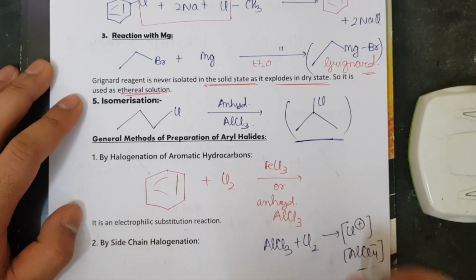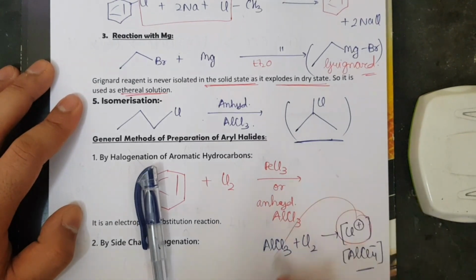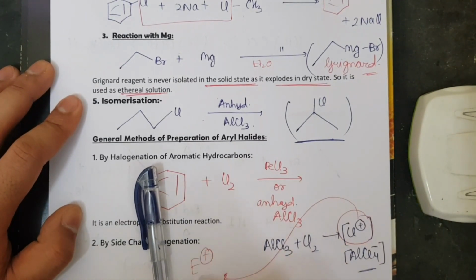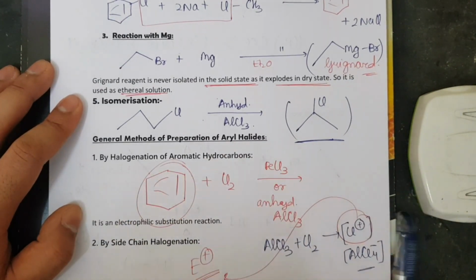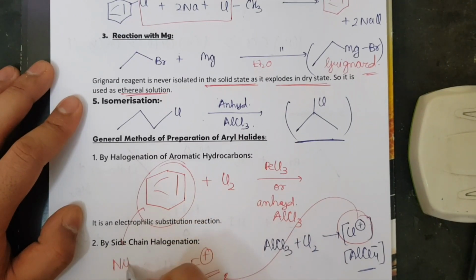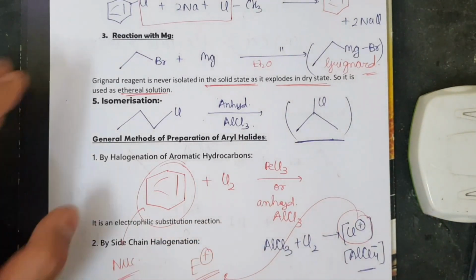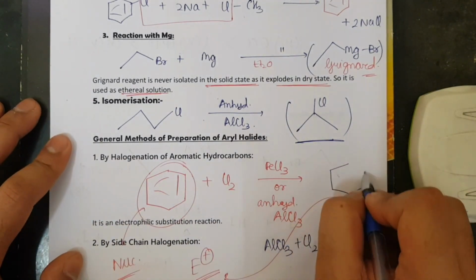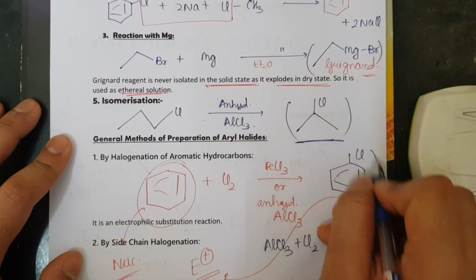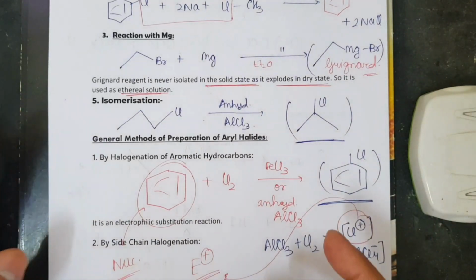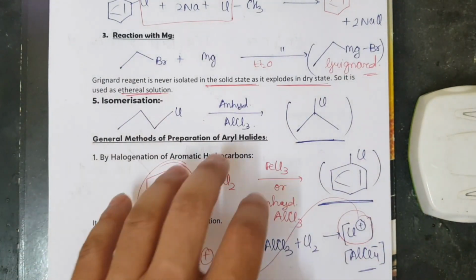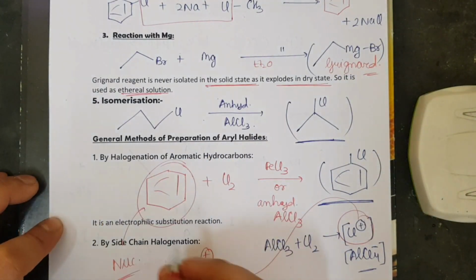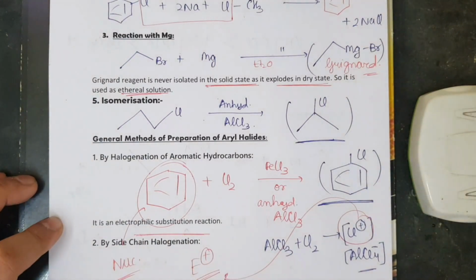So you can see Cl plus is formed, which is an electrophile. Benzene is a nucleophile. So there is a nucleophile and an electrophile. That acid base reaction can occur, giving the chlorine attached on the ring. So halogenation on the ring, that is on the aromatic hydrocarbons, is an electrophilic substitution reaction.